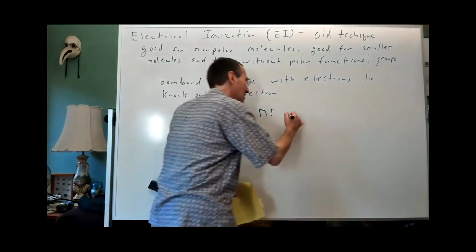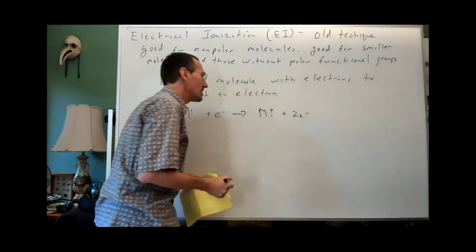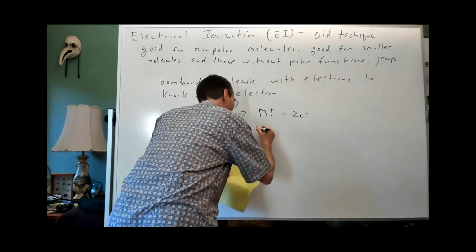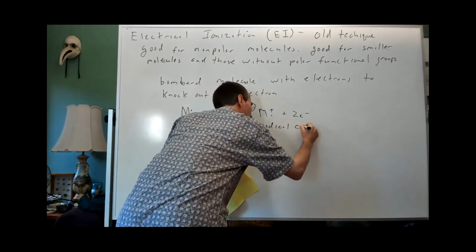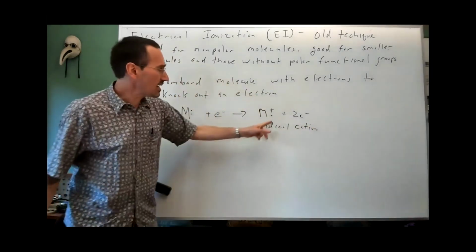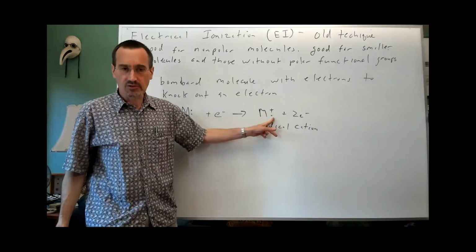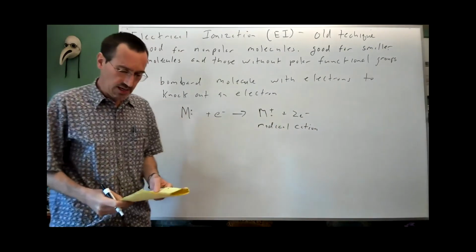And so to balance our equation, I'll say plus 2 e minus. So this is what we would call a radical cation. Radical, of course, meaning it has an odd number of electrons. Cation meaning it has a positive charge on it.